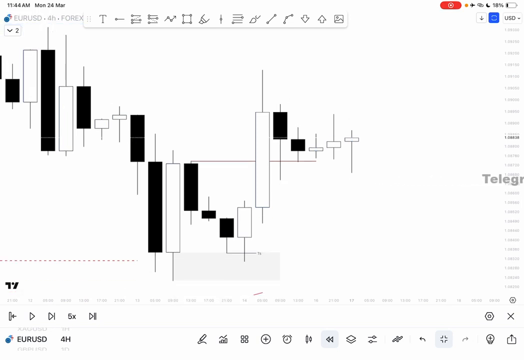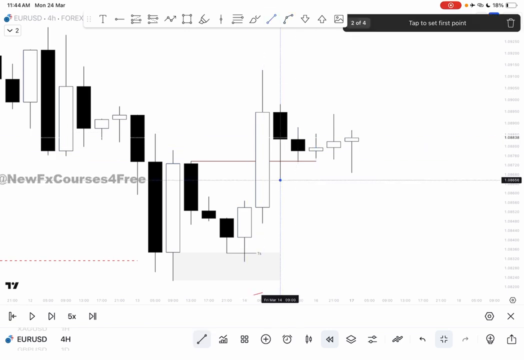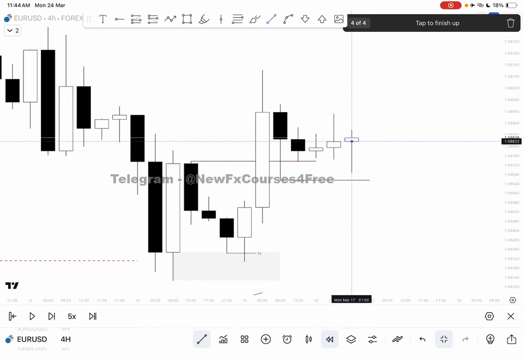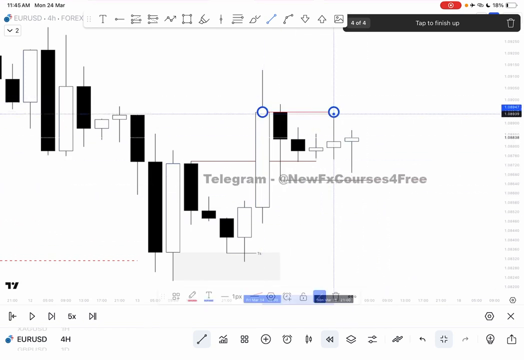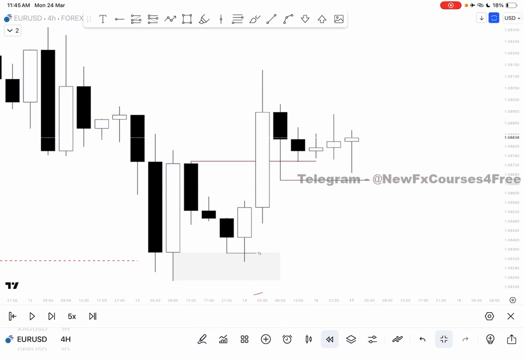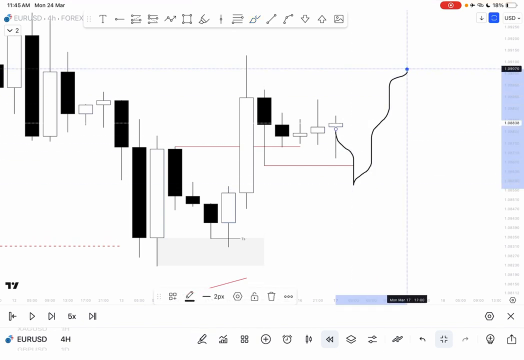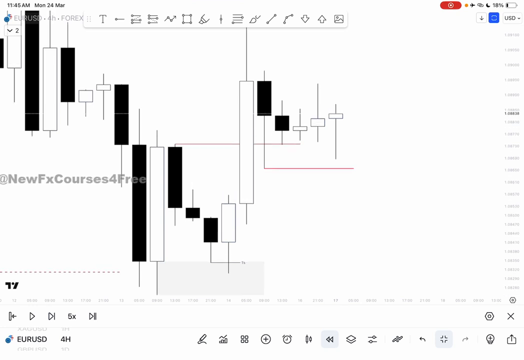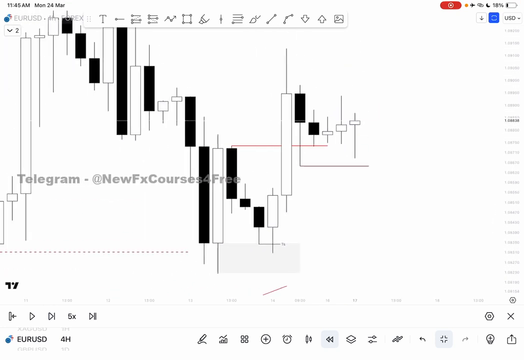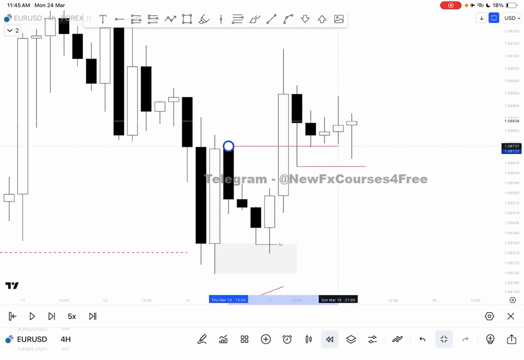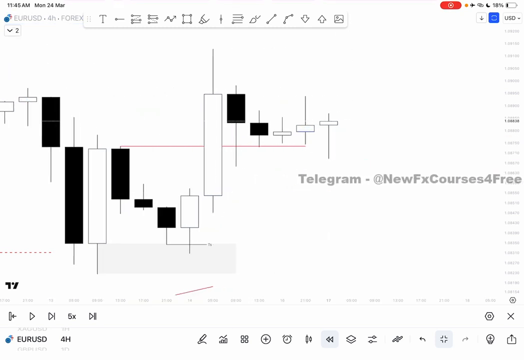I actually got a comment on my Twitter page asking why I didn't wait for this low to be swept and why I just entered. The person was saying why didn't I wait for this low to be swept before looking for longs. And I actually replied, key level and time. So here we dug into our key level with this candle here.